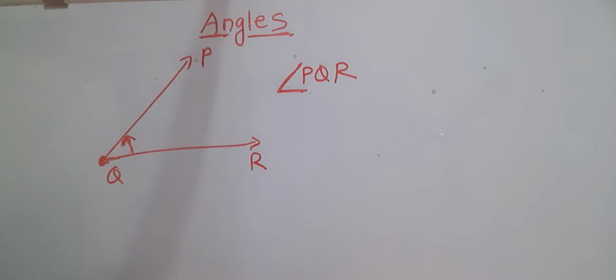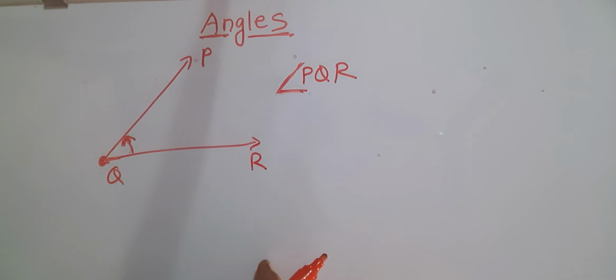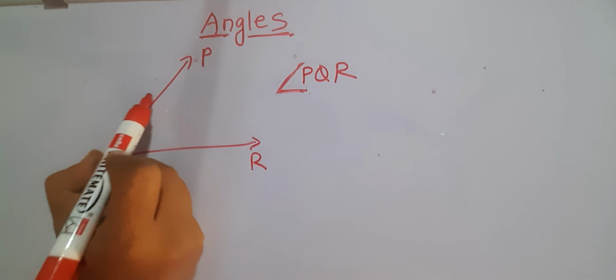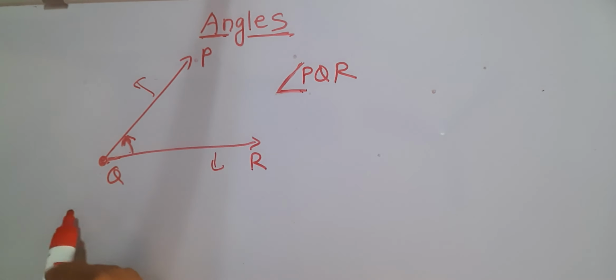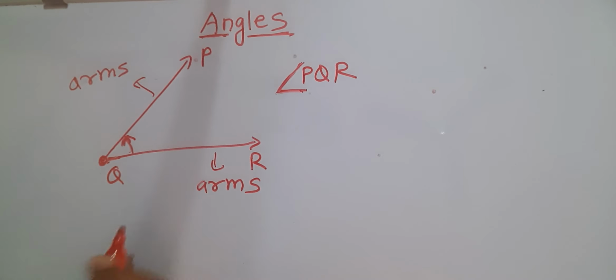So how do we represent an angle? We represent it with the symbol of angle and PQR. Okay, different parts of an angle. These two line segments are known as arms. The point at which these two line segments or rays meet, where the angle is actually formed, is known as the vertex.